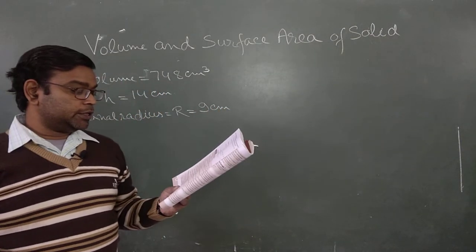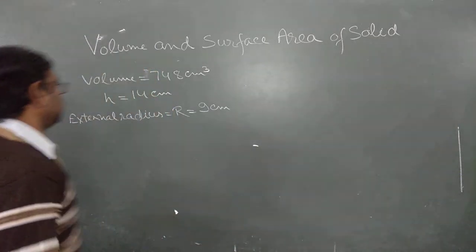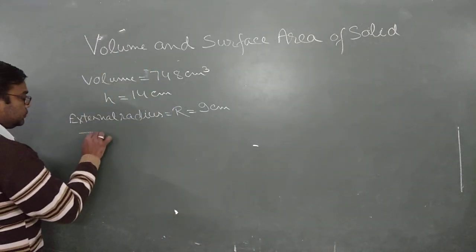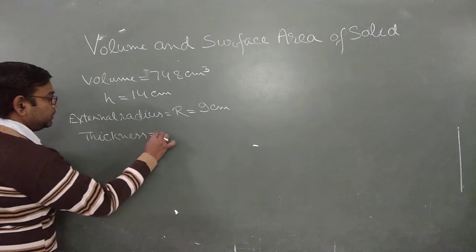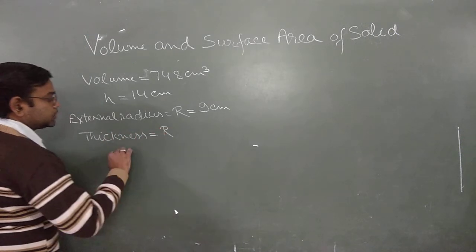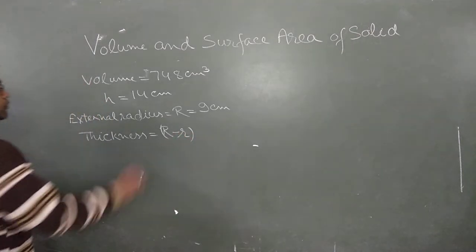What is the thickness of metal in the pipe? The question asked you the thickness. Thickness means what? Let me clear. Thickness means external radius minus internal radius. Clear? The question asked you to find this one.